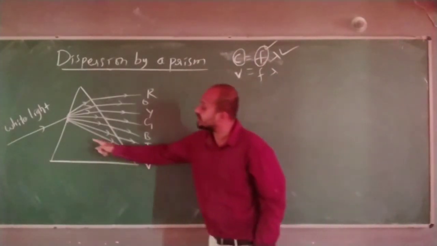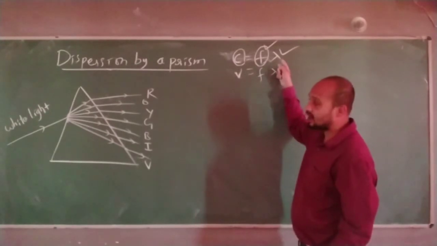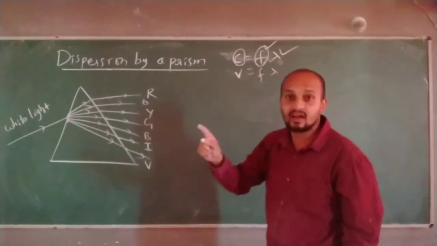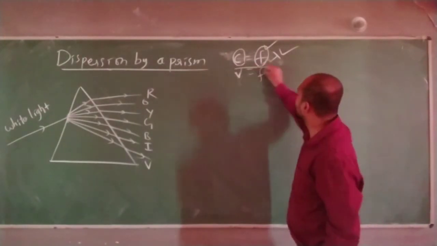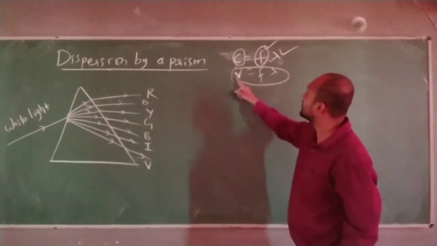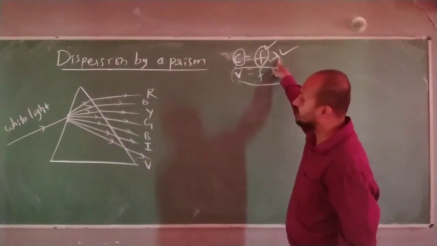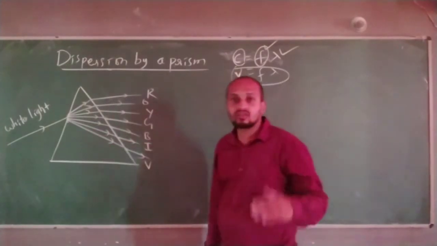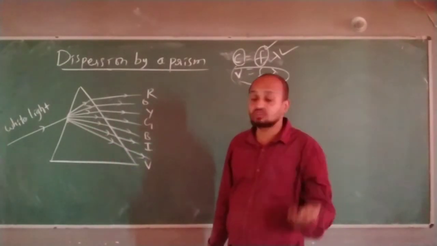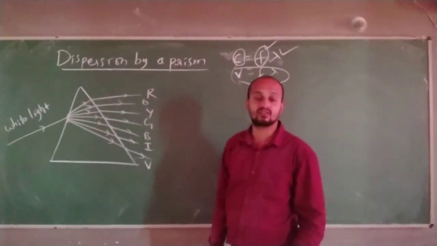Once they enter the medium, according to the difference in lambda, if lambda is changing, the speed of light will be changing. If lambda is changing, the speed of light in the medium will be changing. This has got a different lambda, this has got a different lambda. So the speed of light is going to change for all the different colors, for different frequencies.